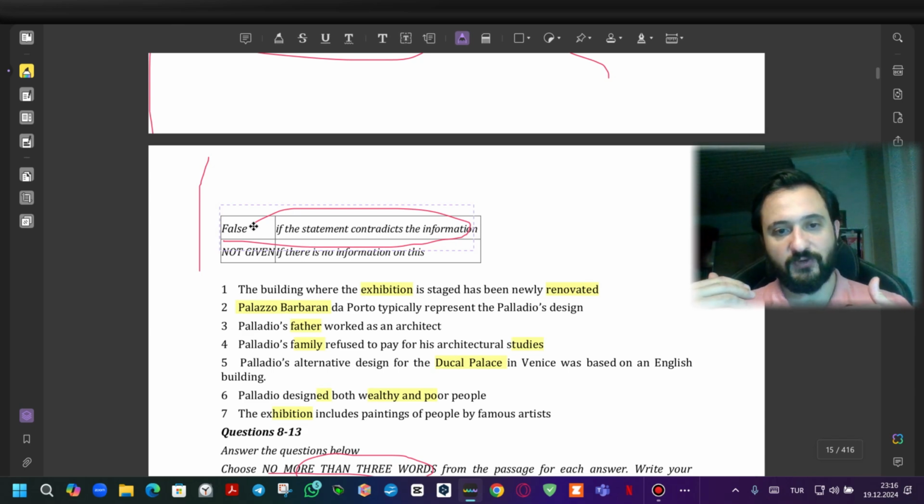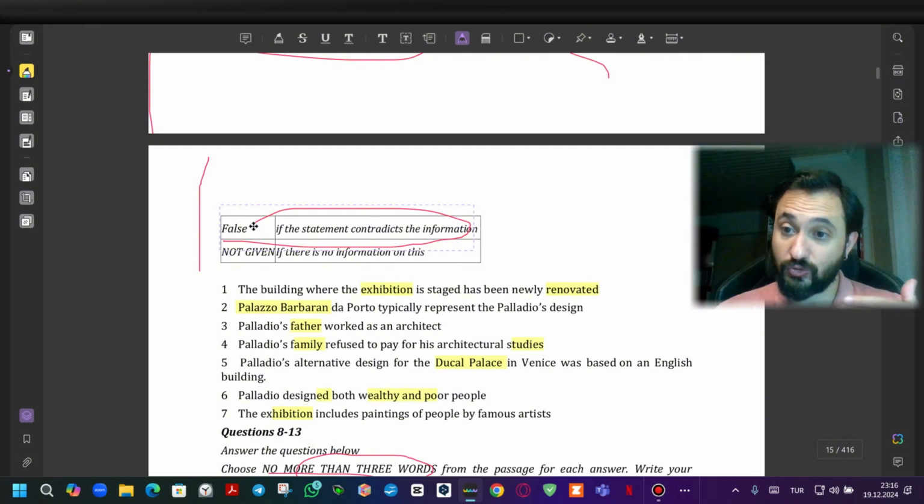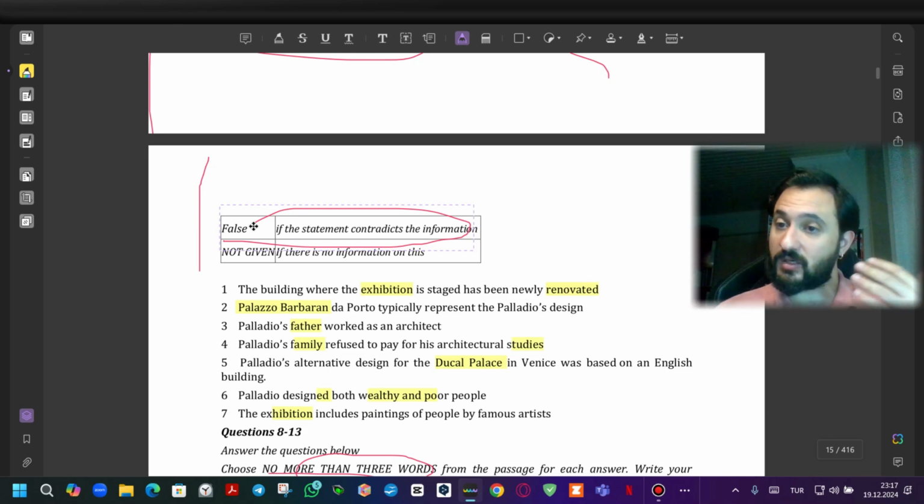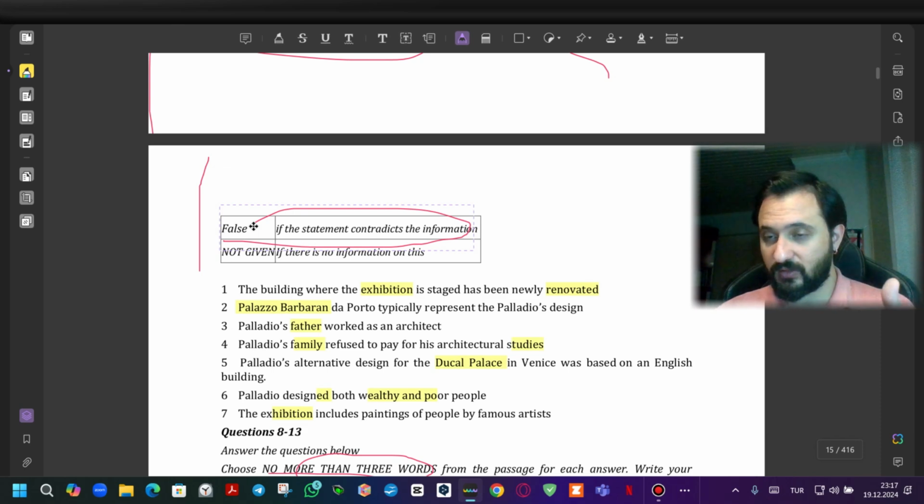First of all, the first one: the building where the exhibition is staged has been newly renovated. If it is false, I need to find something directly opposite. It has not been newly renovated, or something like this, for example, an old building, an original building, a historical building, or not newly renovated.